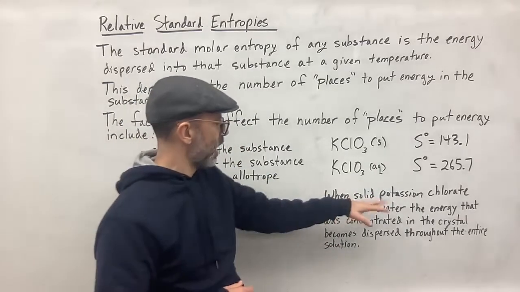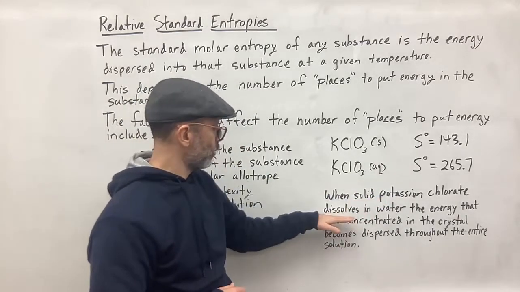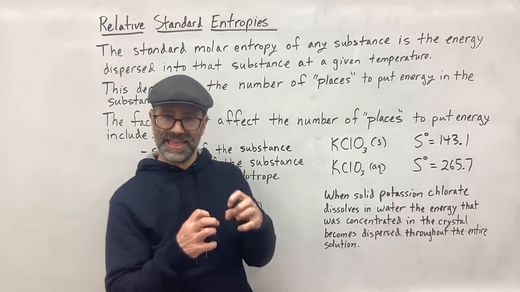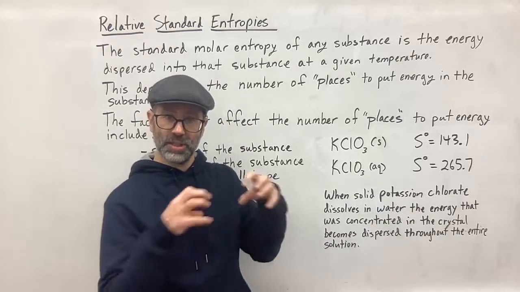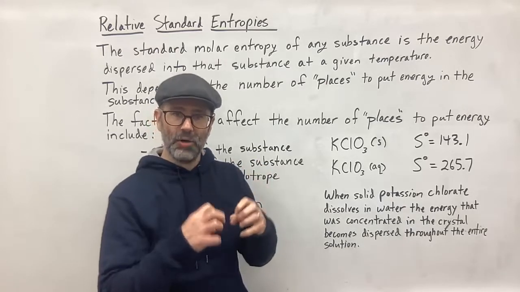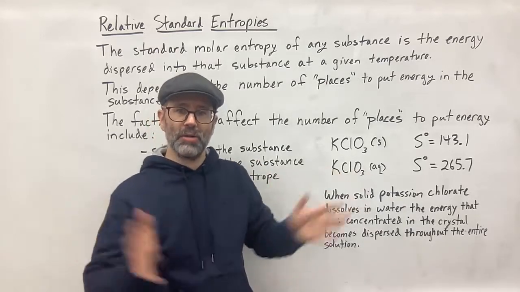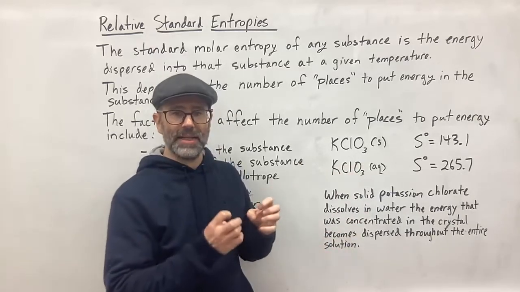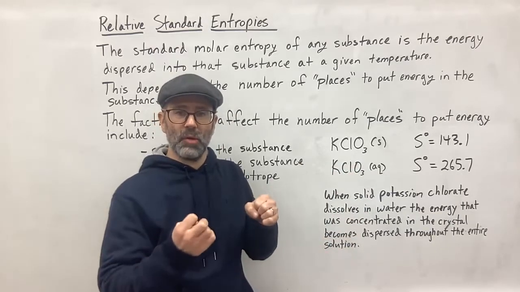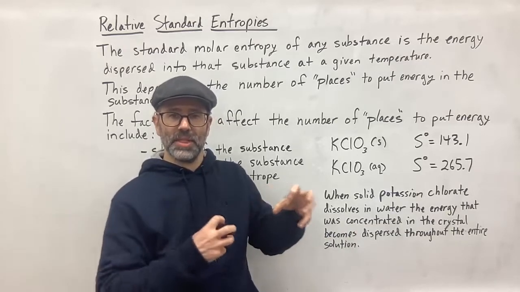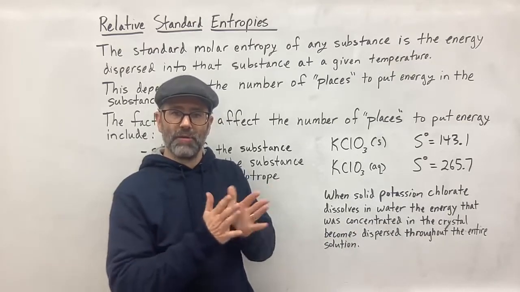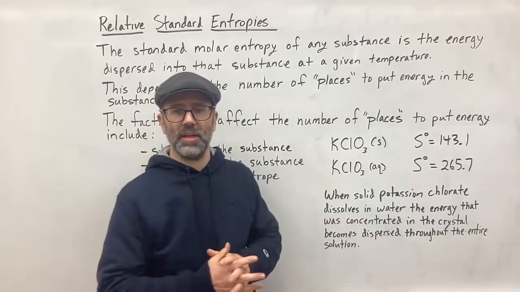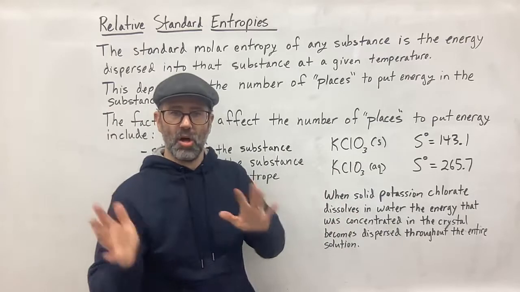Well, when solid potassium chlorate dissolves in water, all of that energy that was concentrated in the crystal can now be dispersed throughout the whole solution, because those ions can be broken apart by the water molecules, and then they can be spread out until they are fully spread out throughout the solution equally in all parts.